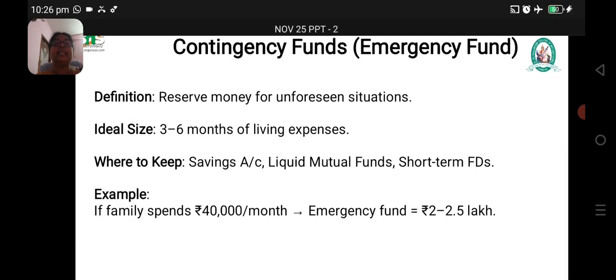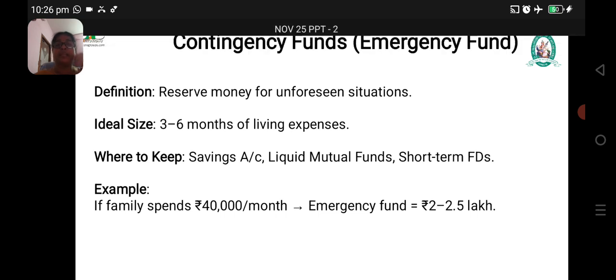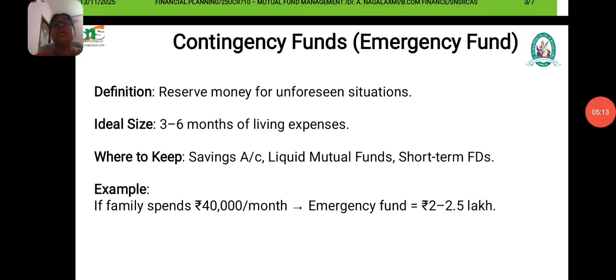Now we are going to see contingency fund. What is meant by contingency fund? Contingency means meeting unexpected situations. That is an emergency fund, which acts as a financial cushion for our life. So reserve money for unforeseen situations is said to be a contingency or emergency fund. The ideal is 3 to 6 months of living expenses. Where to keep this fund?